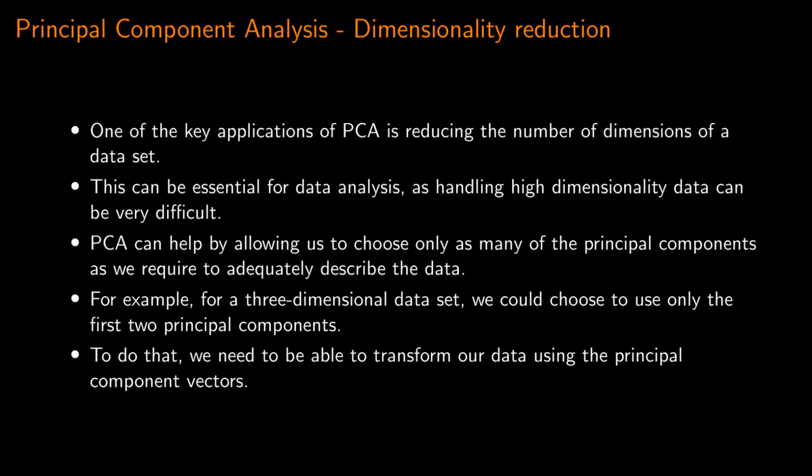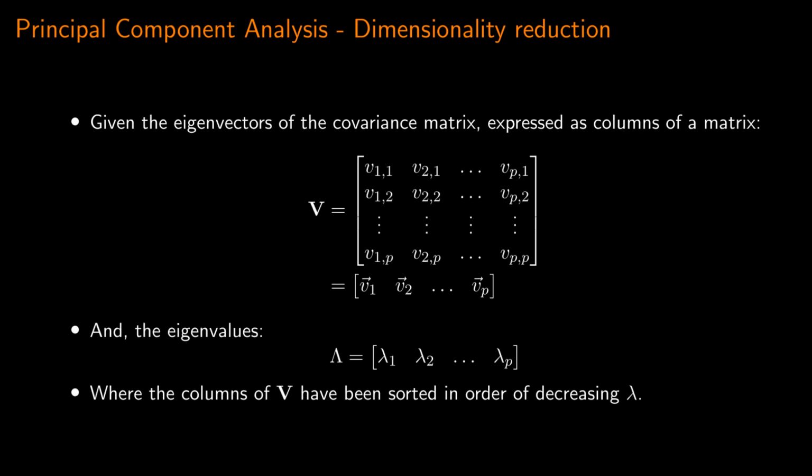To perform dimensionality reduction like this, we need to be able to transform our data using the principal component vectors. If we have the eigenvectors of the covariance matrix, the principal components, expressed as columns of a matrix as shown here, along with the eigenvalues, we can then sort the columns of V in order of decreasing eigenvalue, as we've just said.